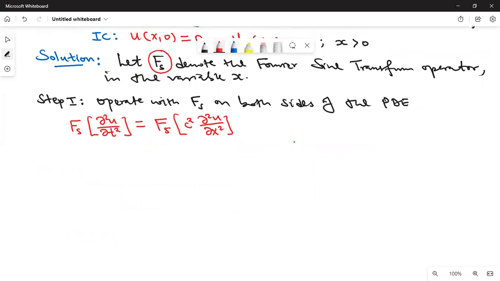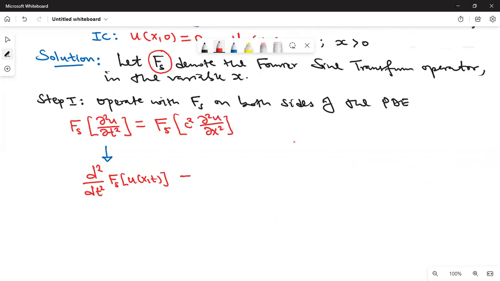On the left-hand side, that will now be an ODE, d squared dt squared of the Fourier sine transform of u of x t. That's how it will be transformed.